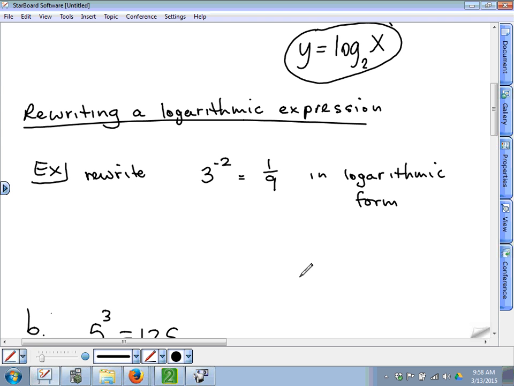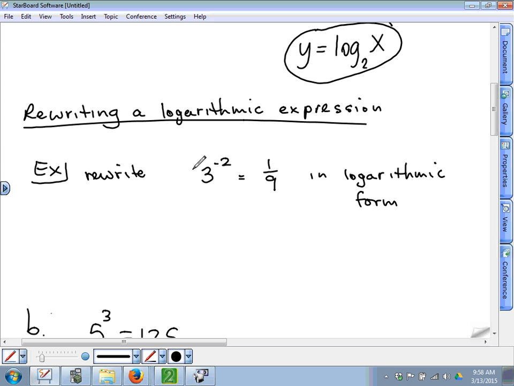So the first thing your homework would ask is it's going to give you some kind of an expression or an equation that's written in what's called exponential form. Technically the exponent isn't a variable, but it's called exponential form because it has an exponent.